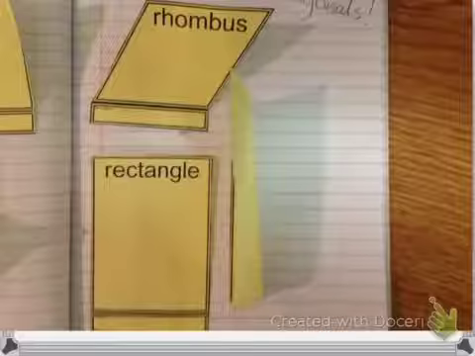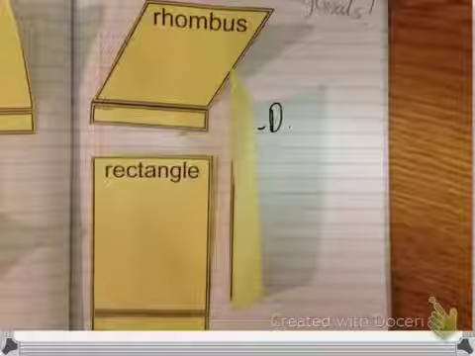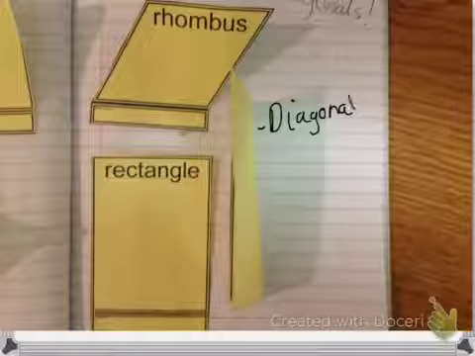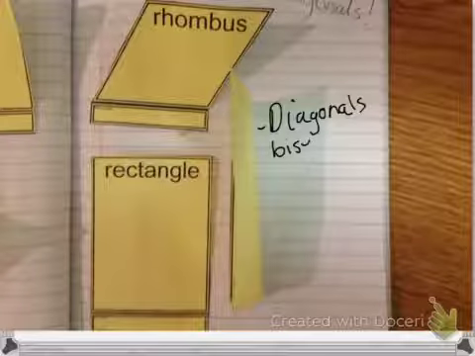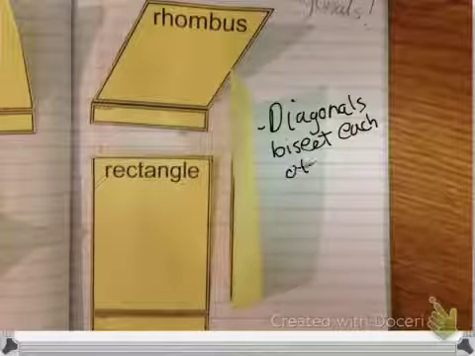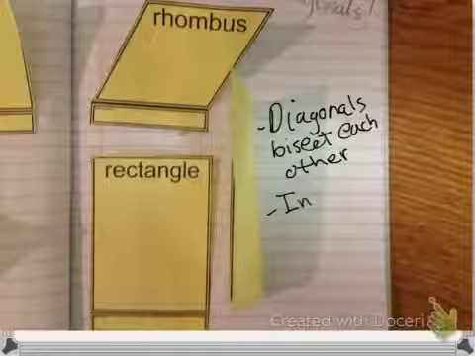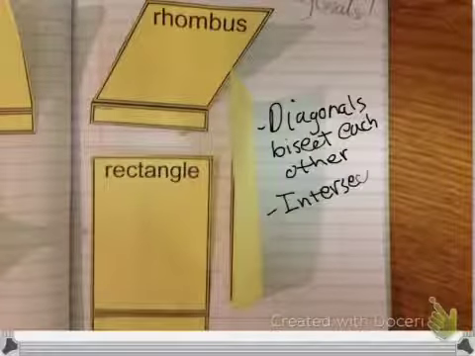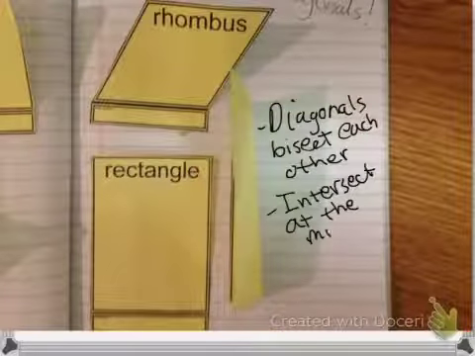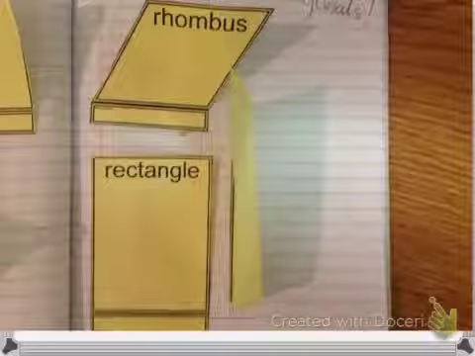And on the inside of this flap here, we're going to say the properties of the diagonals. So I want you to write that the diagonals bisect each other. And one other thing, if they bisect each other, then that means that they intersect at the midpoint. Okay, let's look at the properties of the parallelogram.